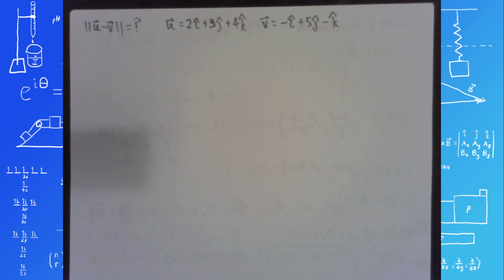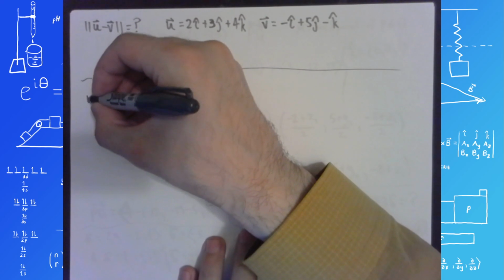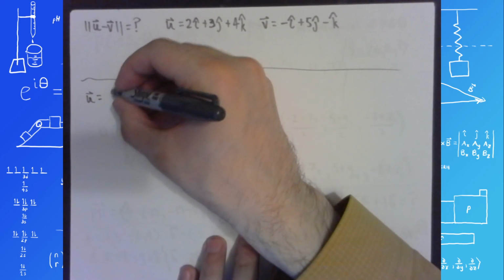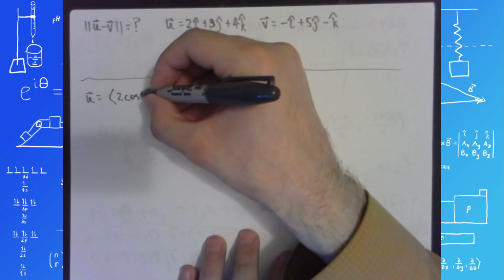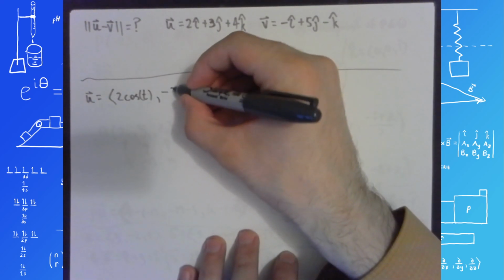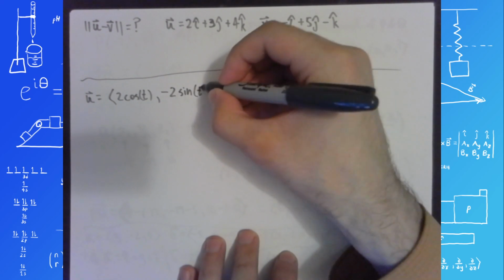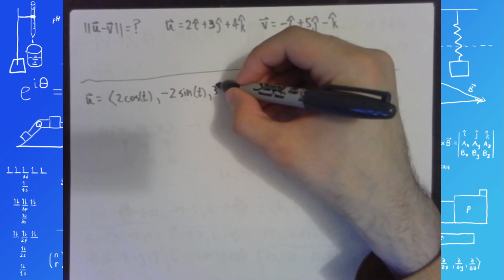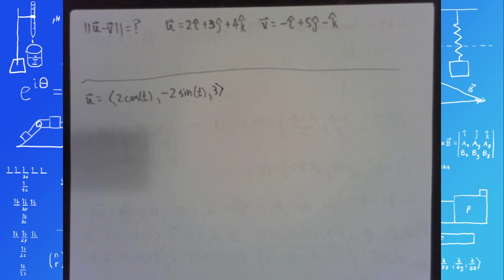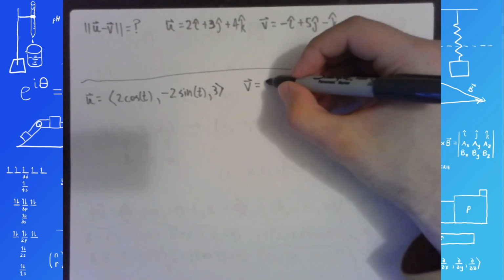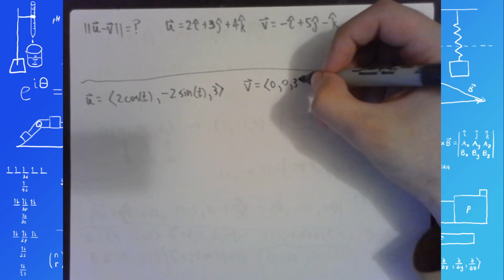Actually, no, before that, I want to write out the other scenario, so that's scenario 1, and then scenario 2 gives us u equals 2 cosine of t, comma negative 2 sine of t, comma 3. And then v is just 0, comma 0, comma 3.